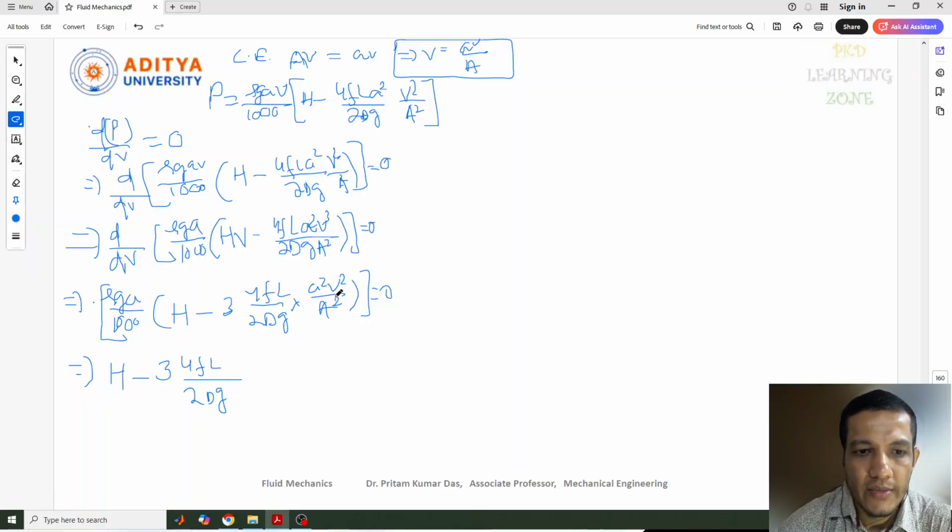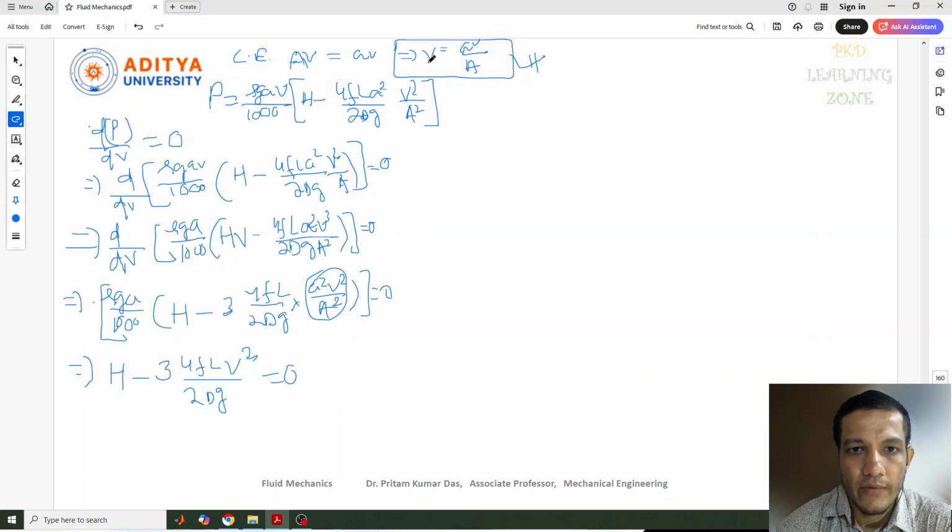This V square term is there, V square equal to AV by A. So we can write this is equal to V. Now we know that previously V equal to AV by A. Now V square equal to A square V square by A square. So this term we can write V square, that means 3FL V square by 2dG equal to 0.